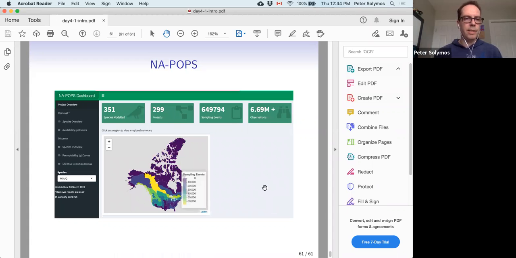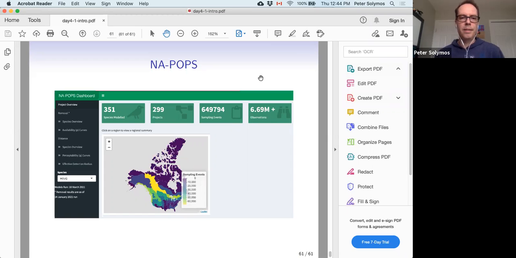Adam Smith and Brandon Edwards are spearheading this project right now. We have 351 species, almost 300 projects, lots of sampling events, and close to 6.7 million bird observations. And this is still a work in progress, but Brandon is making really good progress on this, and it's likely going to get published in the near future.